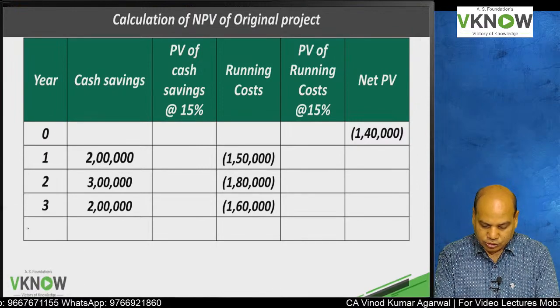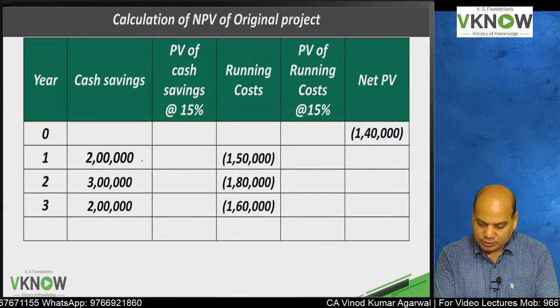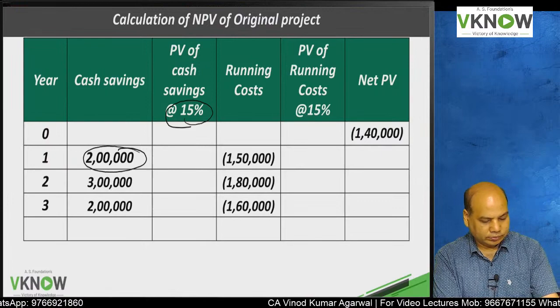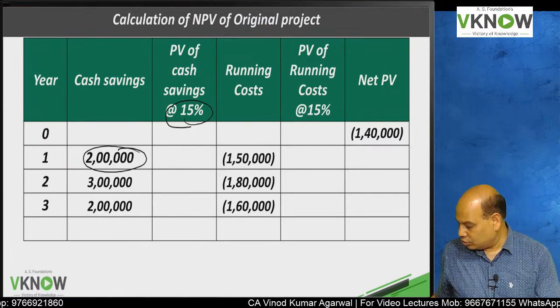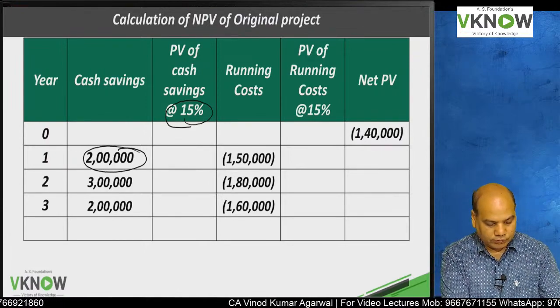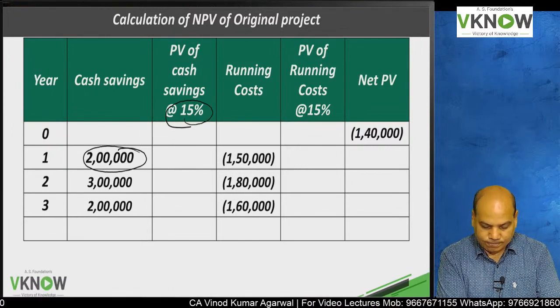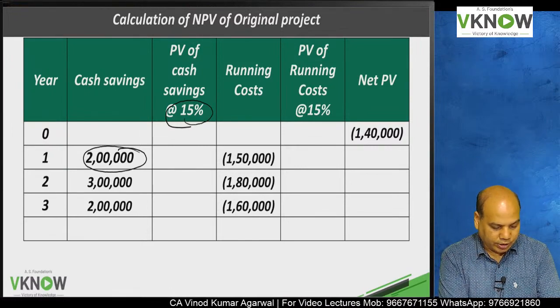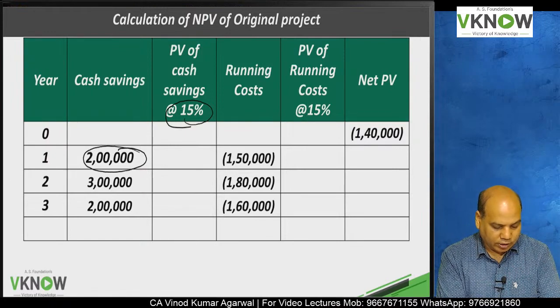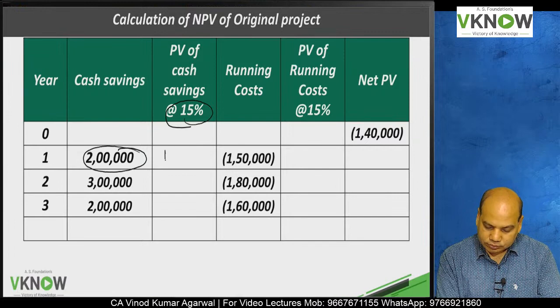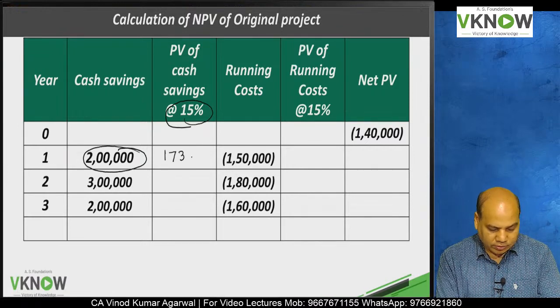Now we are going to calculate present value of 2 lakh at 15%. So how are you going to do it? You are going to first type 2 lakh divide by 1.15 equal to memory plus, 173913.